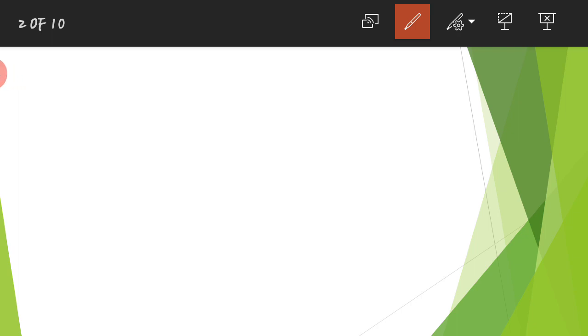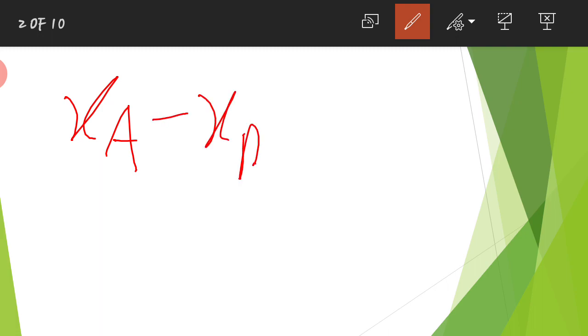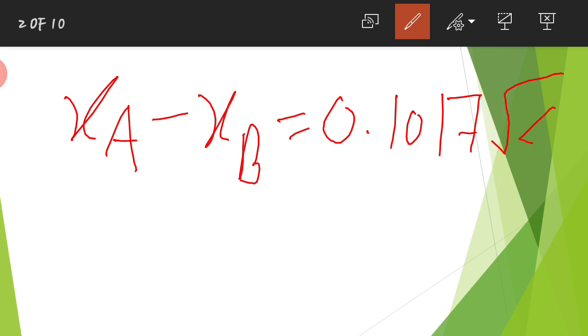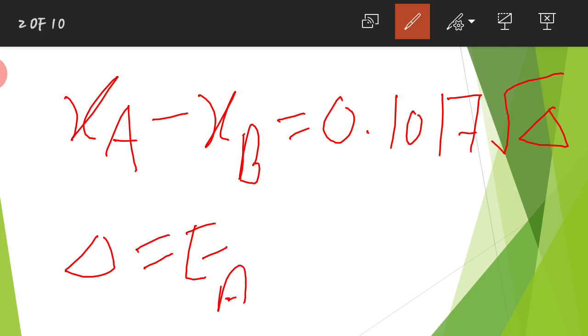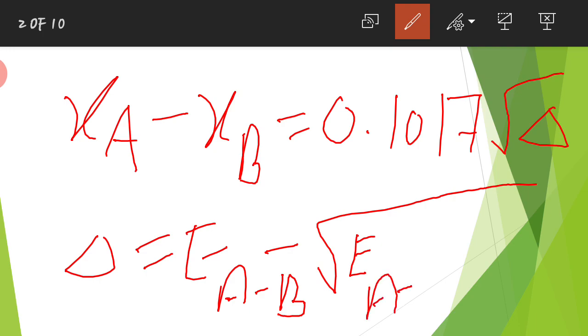The electronegativity values of the elements were calculated as chi A minus chi B equals 0.1017 under root delta, where delta is equal to E A-B minus under root E A-A into E B-B.